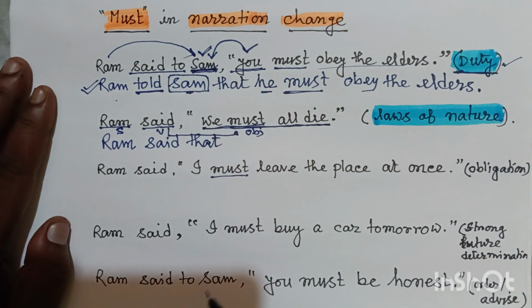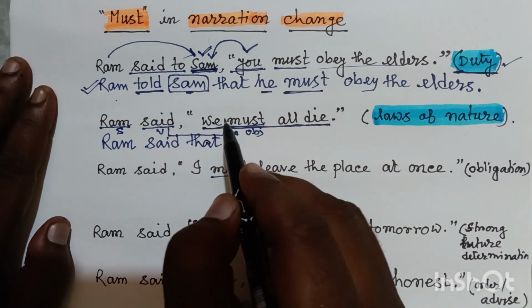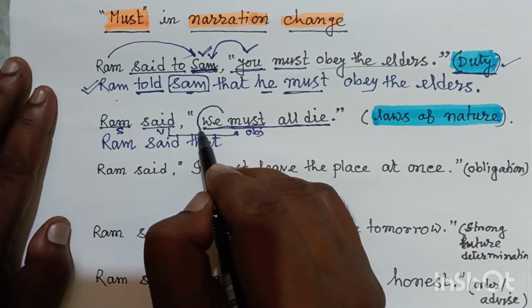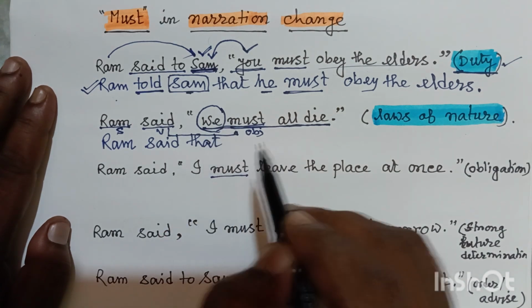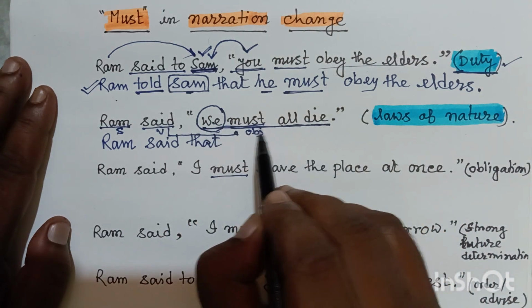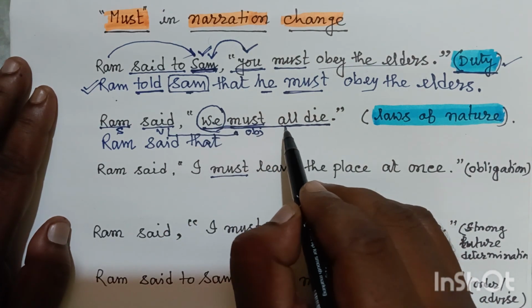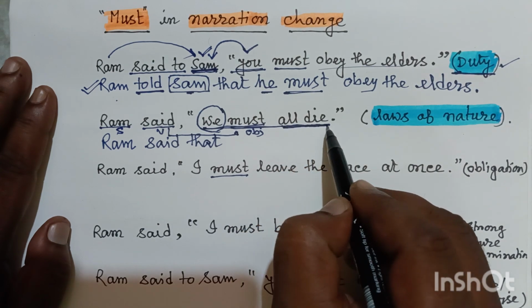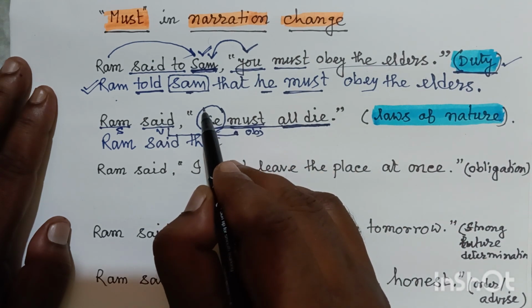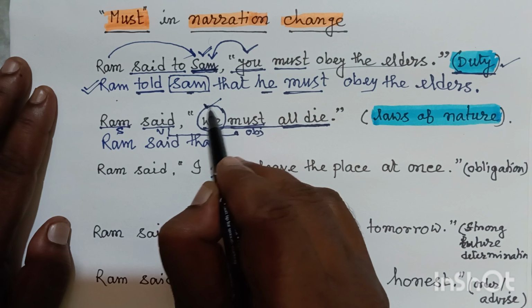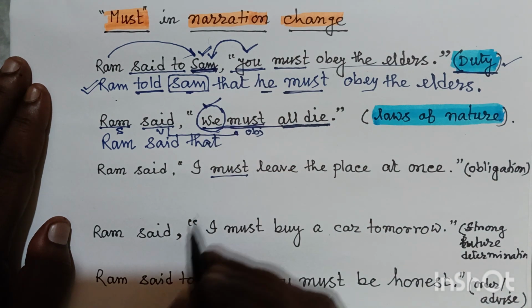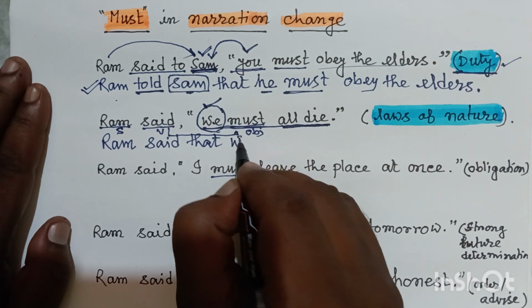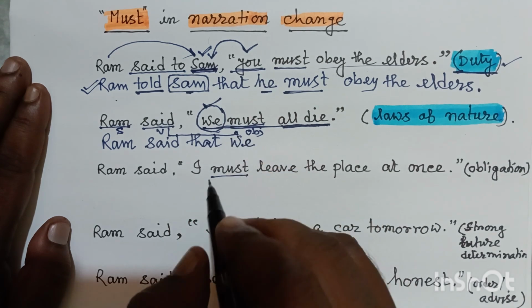Friends, here one very important thing is there. Think about the term we. We refers to all the human beings, because we all must die one day. That means as we are living beings, we must die. We here refers to the entire mankind. So we cannot change it. We have to write down we here.